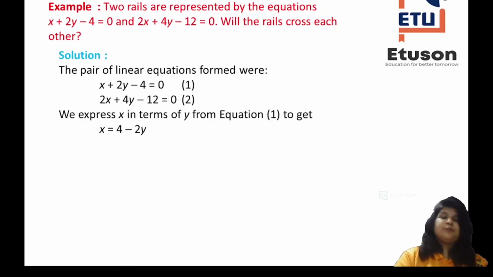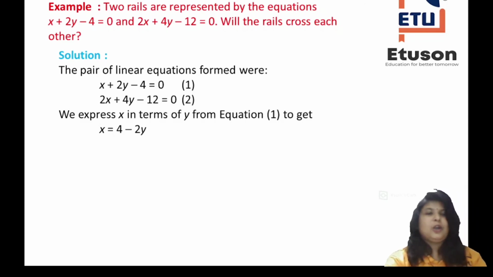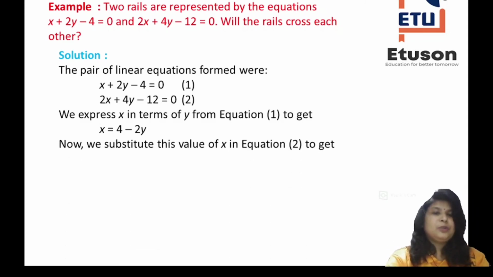What next? Now the value of x that you have obtained in terms of y, you are going to substitute in the second equation wherever there is an x. Now what is the second equation? It is 2x plus 4y minus 12 is equal to 0. Correct or not? So now in place of x you are going to substitute 4 minus 2y in equation 2.